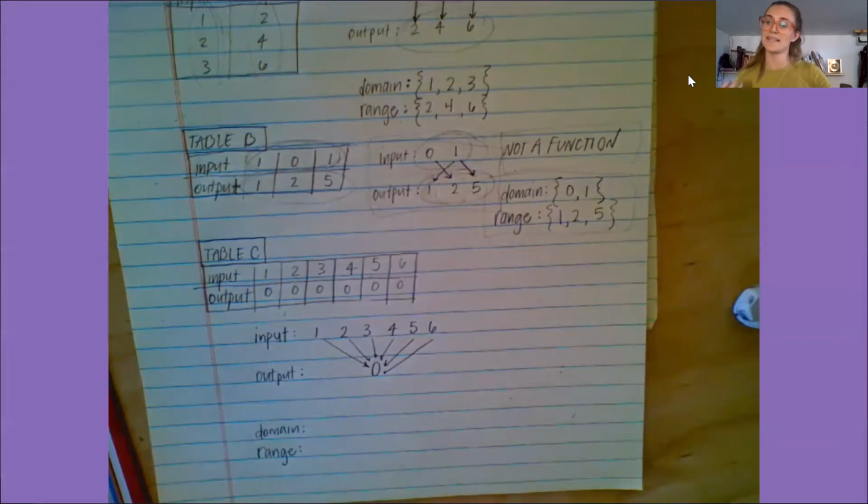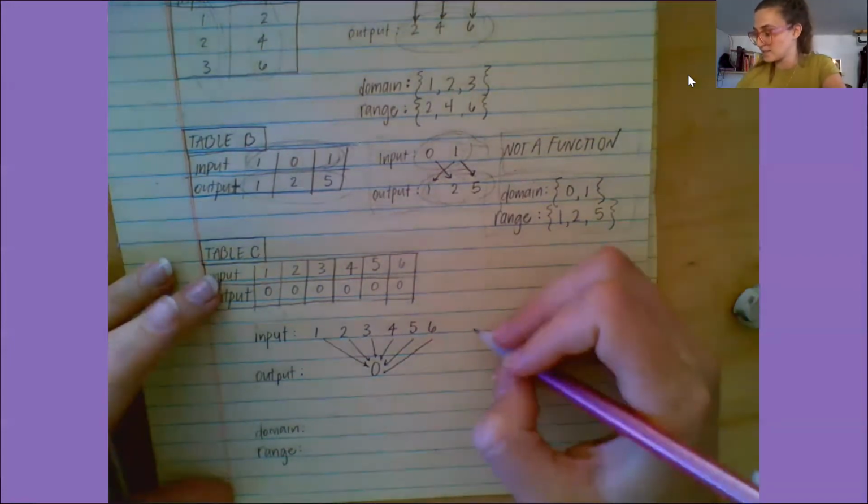It just says that every input has exactly one output. Every input here has exactly one output. 1 does not map to 0 and to 1. It only maps to 0. Same with all the other numbers. Therefore, yes, this is a function.